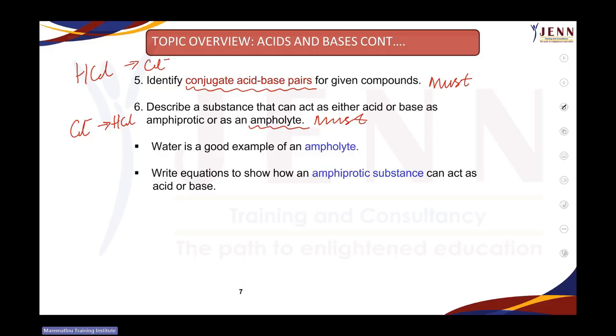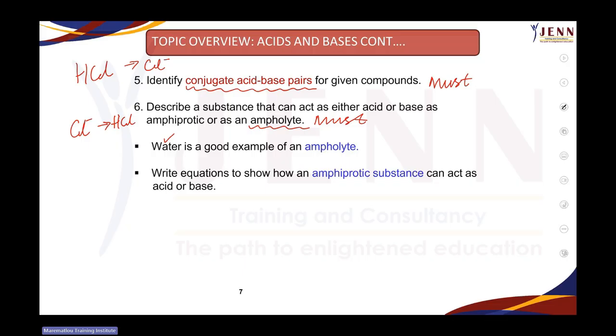So, examples of ampholytes. Most of the time when the examiner is asking you to identify an ampholyte, yes, water is a good example, but you must look at the reaction. You do not cram examples of ampholytes. It's impossible. Well, it's possible, but it's impossible for you.